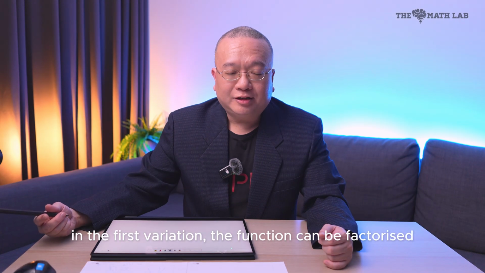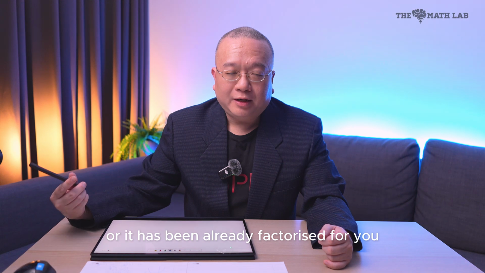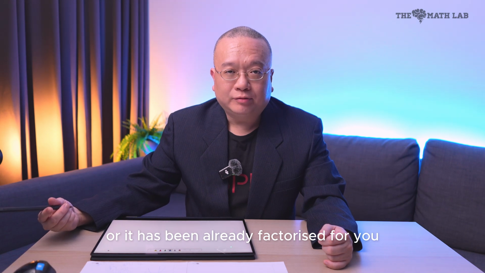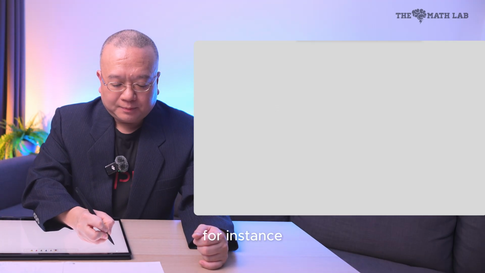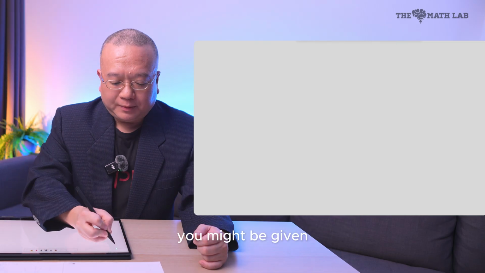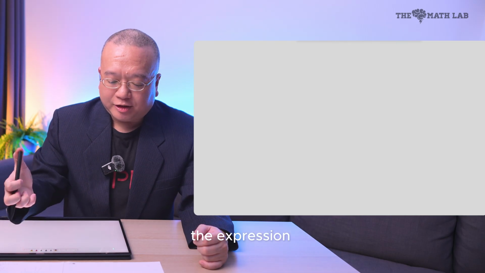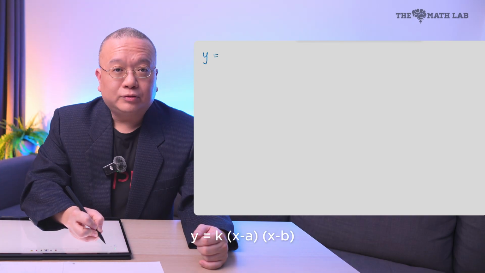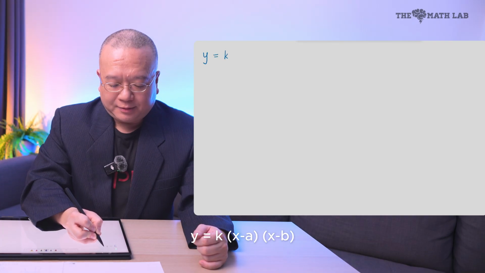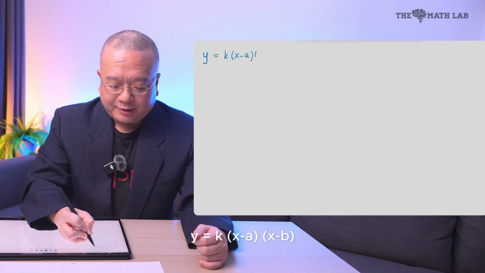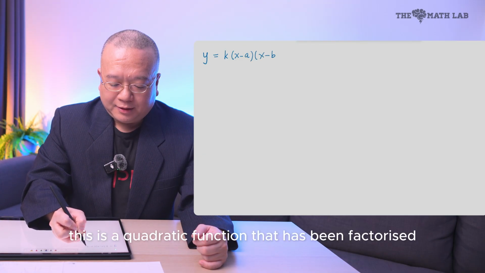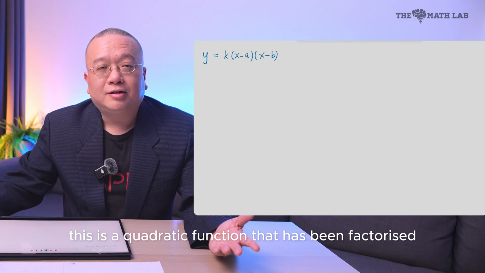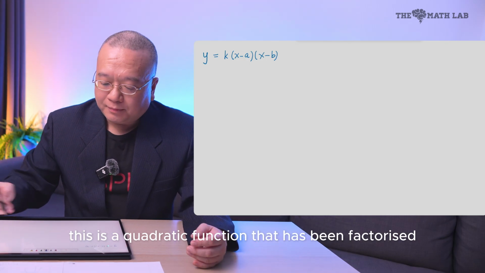In the first variation, the function can be factorized, or it has been already factorized for you. For instance, you might be given the expression y equals k times (x minus a) times (x minus b). This is a quadratic function that has been factorized.